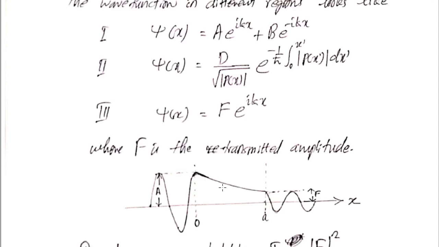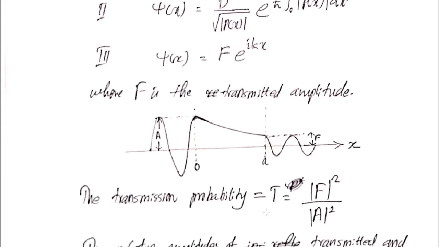So the picture of the wave functions in different regions is similar. In region 1 it is completely sinusoidal. In region 3 also it is sinusoidal but with a smaller amplitude. In region 1 the amplitude is a, and the amplitude decreases from a to f as the wave function moves from x equal to 0 to x equal to a.